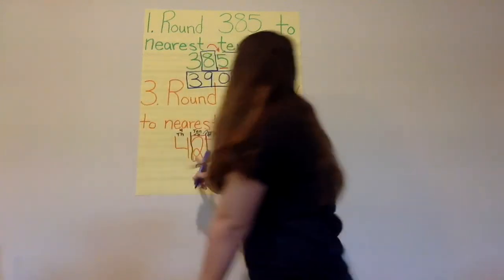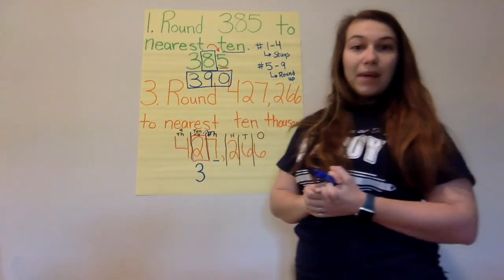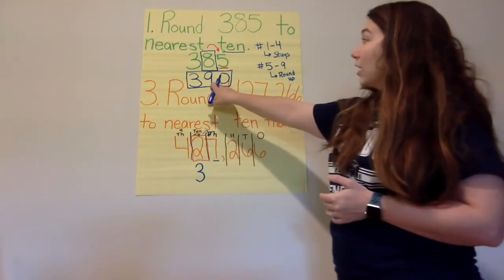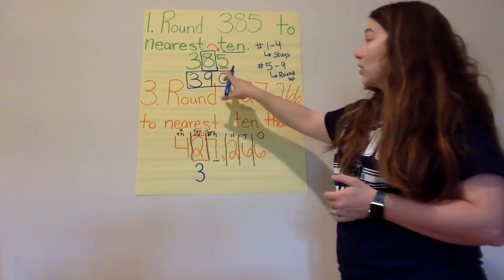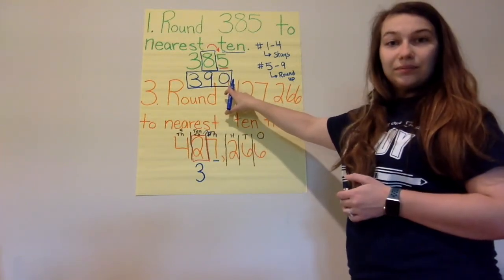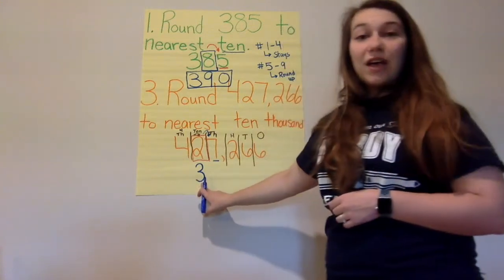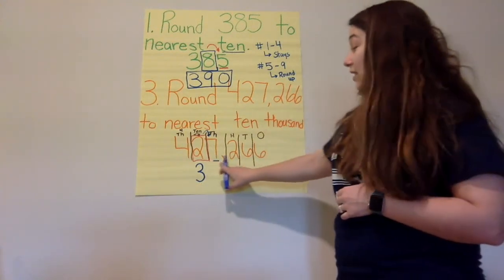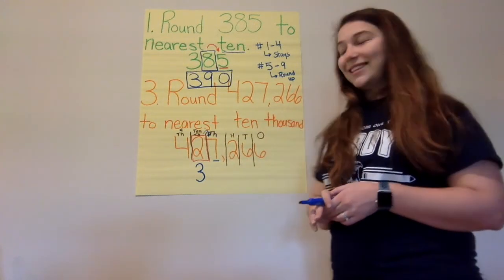And then every single place value after this 3 is going to become a what? Look at what we did up here. After the place value that we changed, what came next? A 0. So after this place value that we changed, all the rest of these 4 spots are going to become what? Zeros.